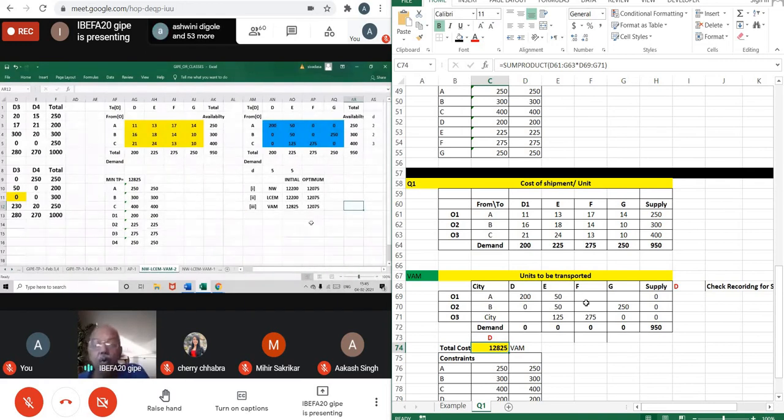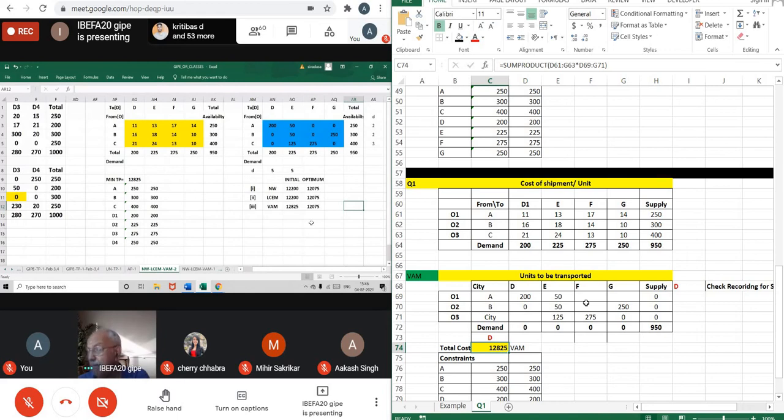Okay. So today we have done only one work: how to solve a balanced transportation problem for minimizing the transportation cost.